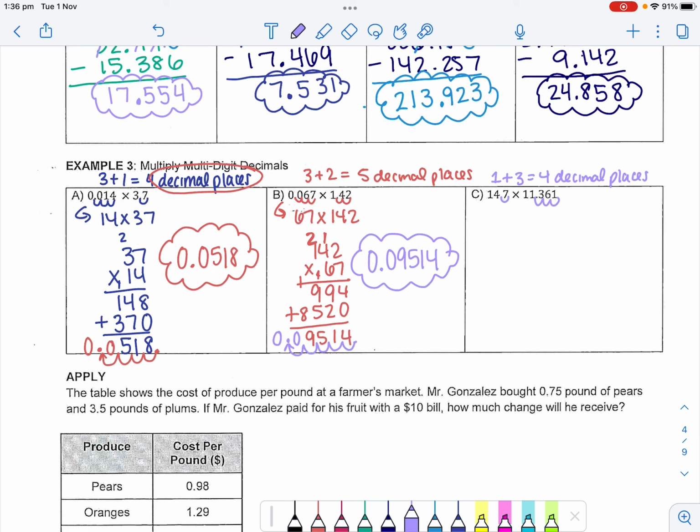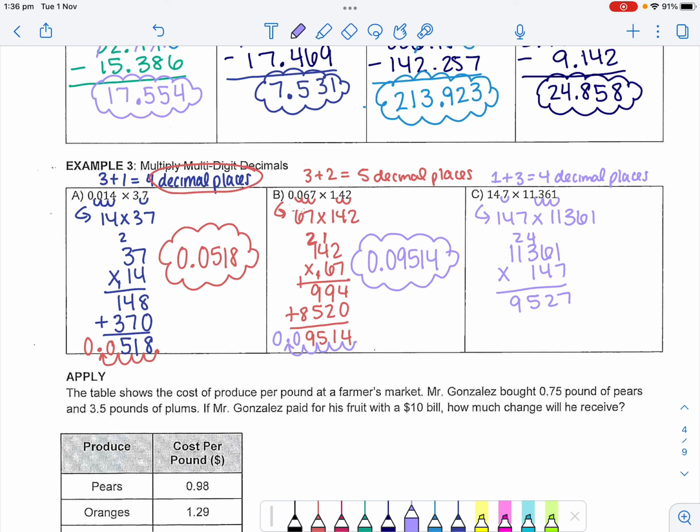So I've got 147 times 11,361. And again, I like that bigger number on top. 11,361 times 147. So 7 times 1 is 7. 7 times 6 is 42. 7 times 3 is 21, plus 4 is 25. 7 times 1 is 7, plus 2 is 9.